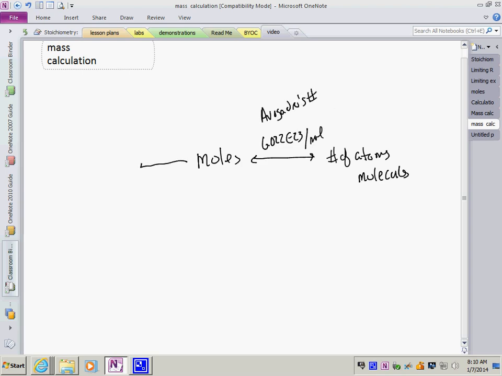And from here we can also go back and forth to mass. This will use the molar mass. Because this is actually a number of particle measurement, both of these guys we can do stoic calculations with.